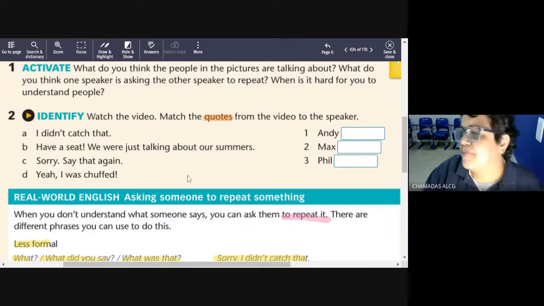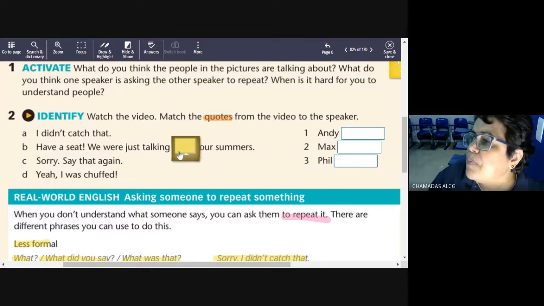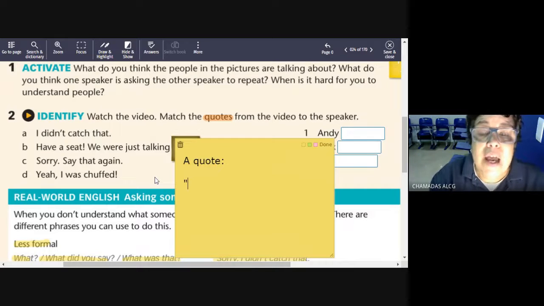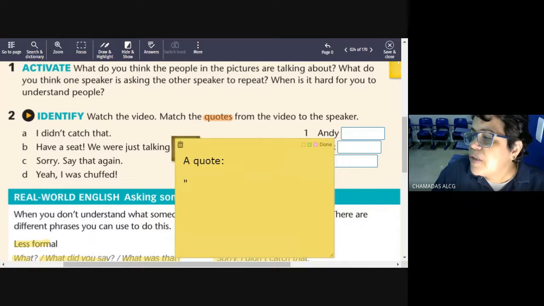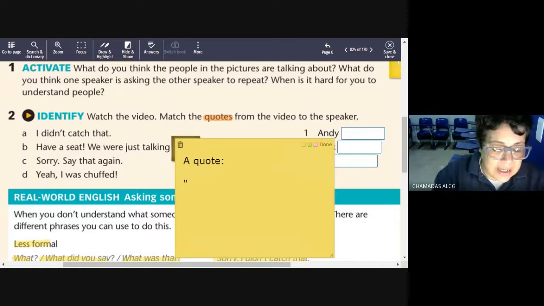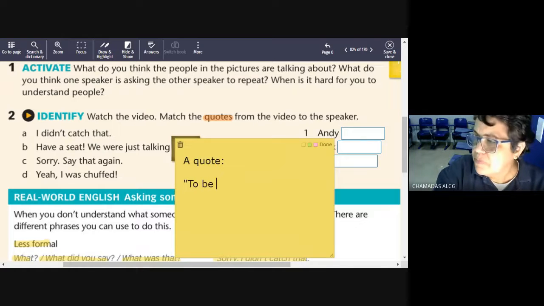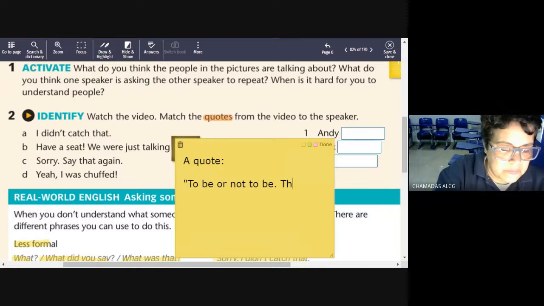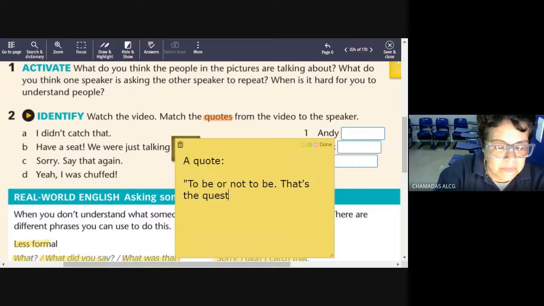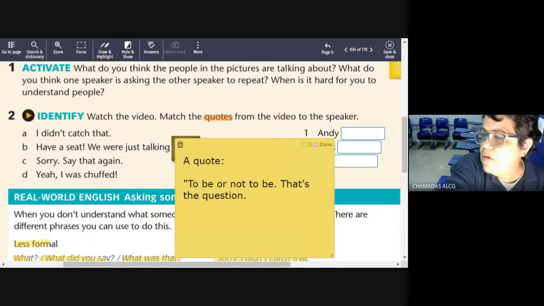Do you understand? Let me give you an example of a quote. Usually, when we write a quote, we have to use this symbol here, okay? Because these are quote marks. Close quote.